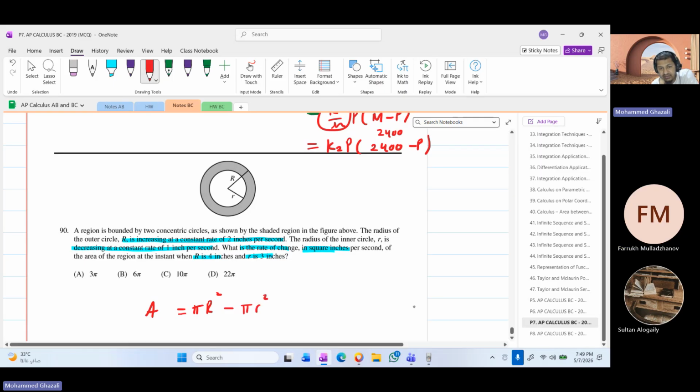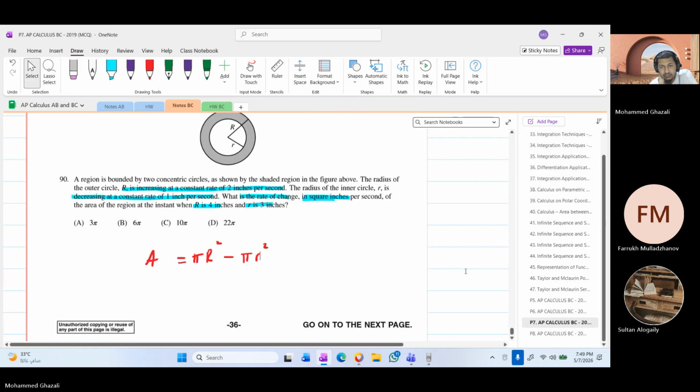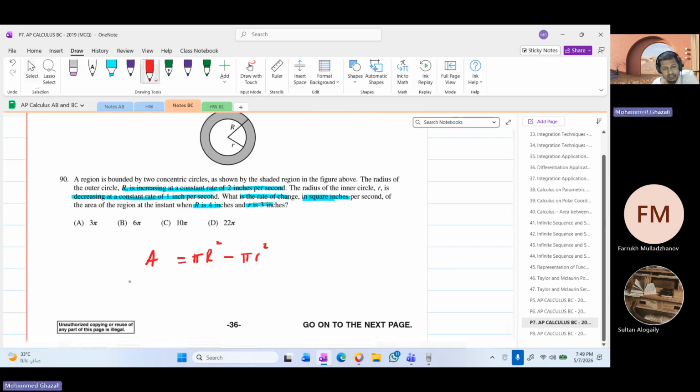Now find the derivative. Find dA/dt. What's dA/dt? dA/dt is equal to 2 pi R, and R is a function in time, so dR/dt, minus 2 pi small r dr/dt, because small r is also a function in time, because they're giving you.